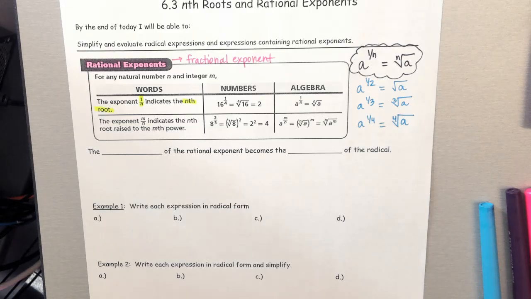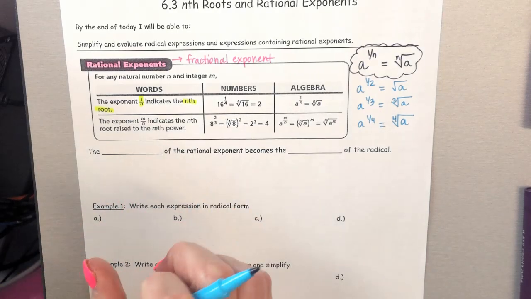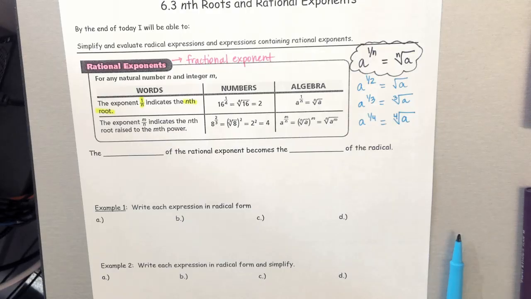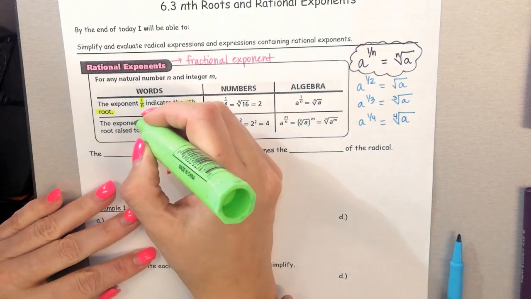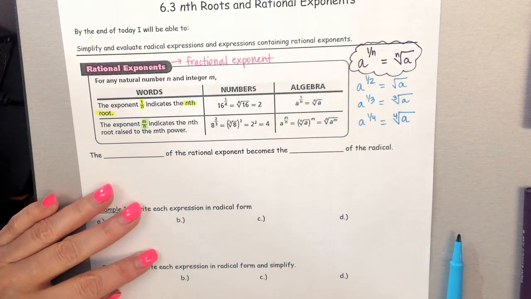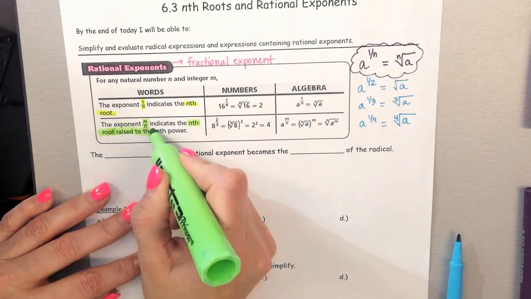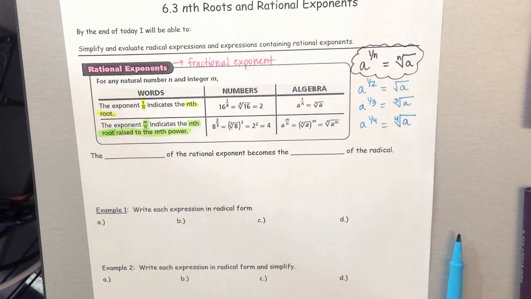Okay, and then we can also extend this if we have a fraction where the numerator is not 1. Okay, so we're going to talk about this exponent, m over n. It means the nth root raised to the mth power.